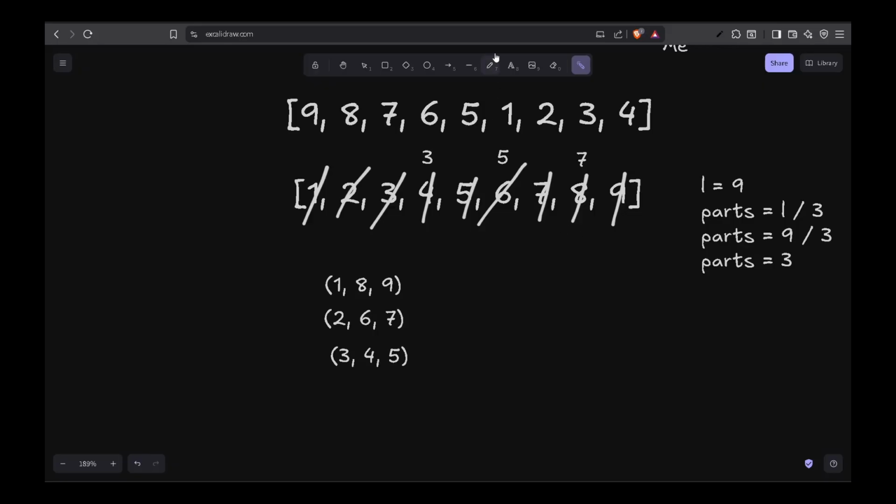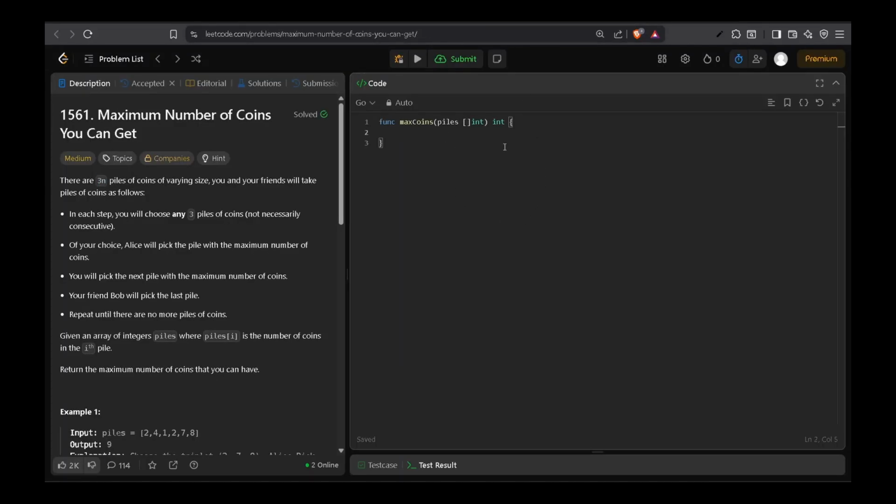So let's start coding. First of all, of course, we'll sort the array. Then we'll take an answer variable and set it to 0. Then we'll run a for loop, right? For i equal to paths, i less than length of piles, and i plus equal to 2, because we are hopping with a 2 gap, right?